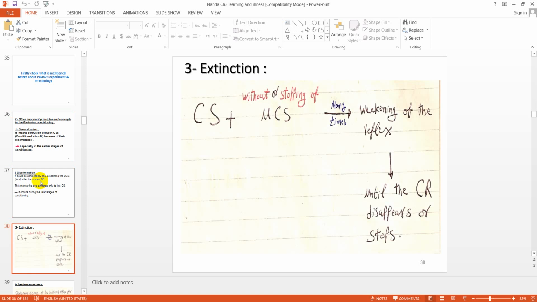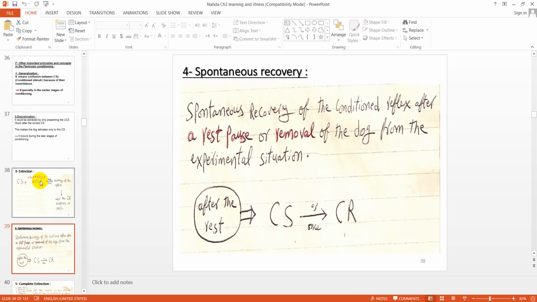Extinction happens when you present the CS, the conditioned stimulus, many times without the unconditioned stimulus. So the conditioned response will disappear or stop. What about spontaneous recovery? After a rest, or removal of the organism from the experimental situation, what happens? The conditioned stimulus will be able to elicit the conditioned response once again.